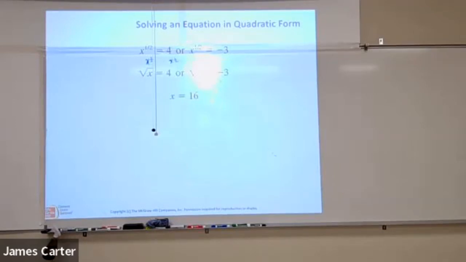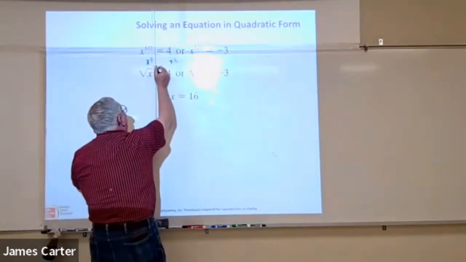So why are we squaring? To get rid of a square root, you square it. If I square this one, I got to square that one. Okay? How did you get 16? 4 squared is 16. They didn't show a step here.